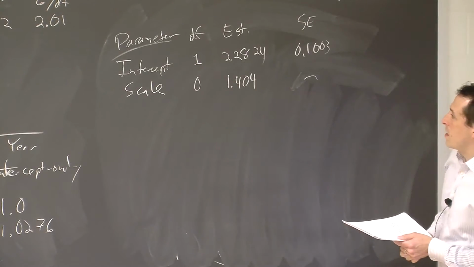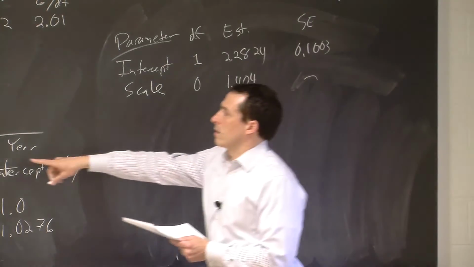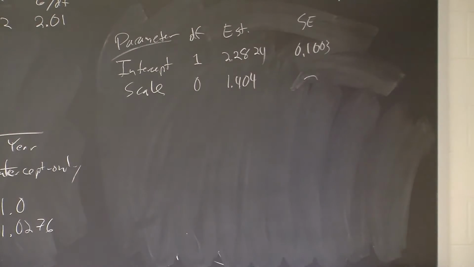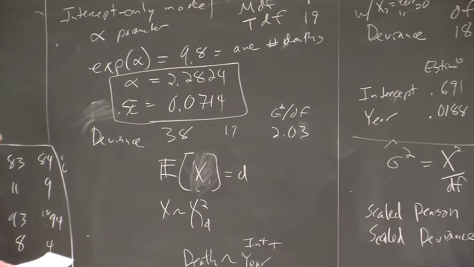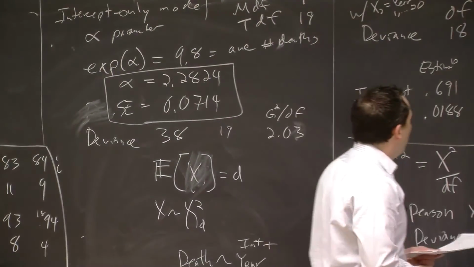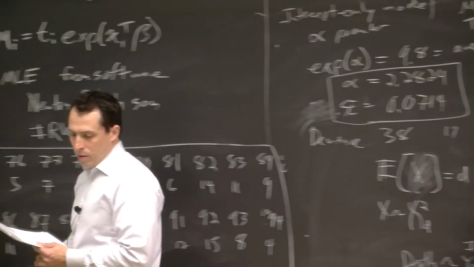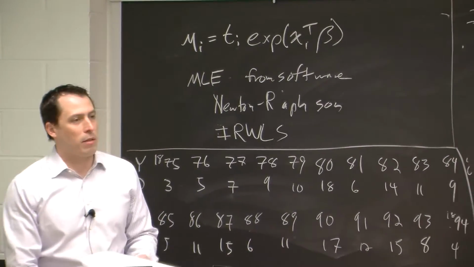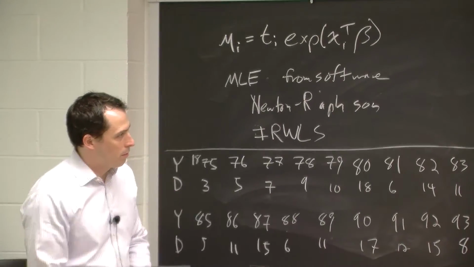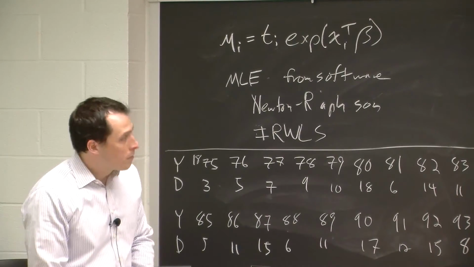And so what changes as we compare it to the intercept-only model? The estimate of the parameter, the intercept, is exactly the same, but the standard error has increased, because of the introduction of the scale parameter, because of the introduction of the overdispersion.